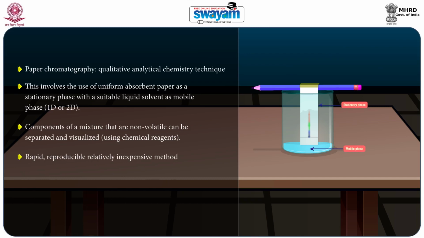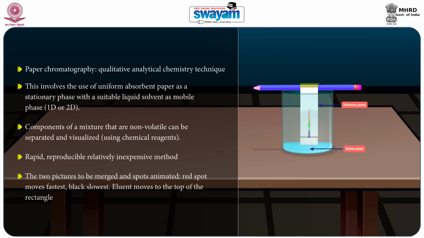Okay? So paper chromatography is really a rapid, reproducible, and relatively inexpensive method to do some exploratory or qualitative analytical experiment, and often is also the method which is demonstrated for students who are starting out with understanding the chromatographic technique.